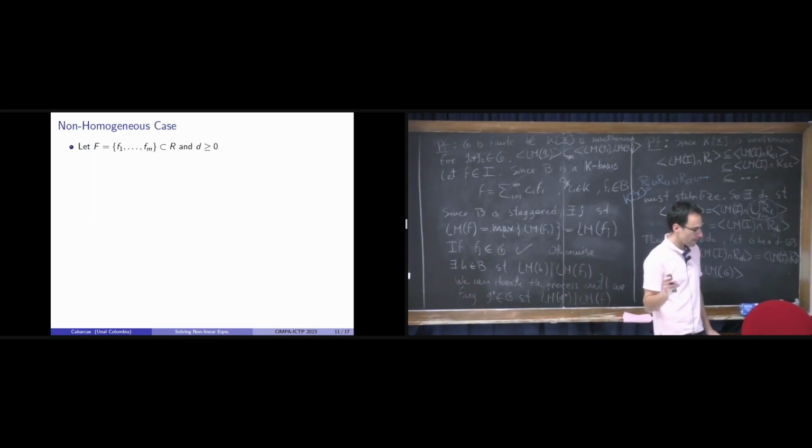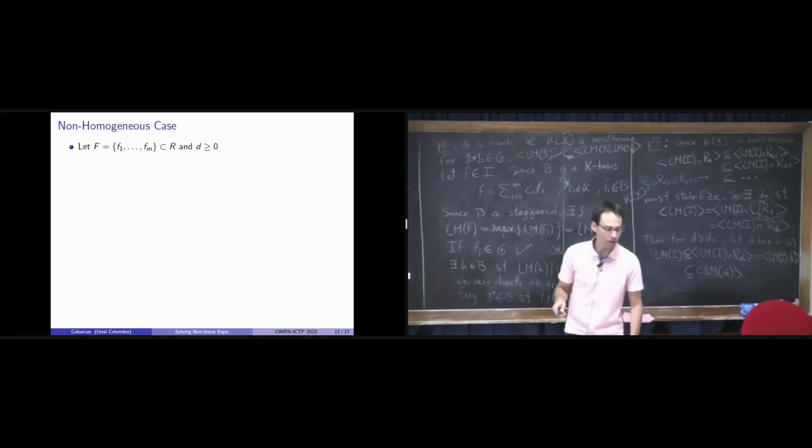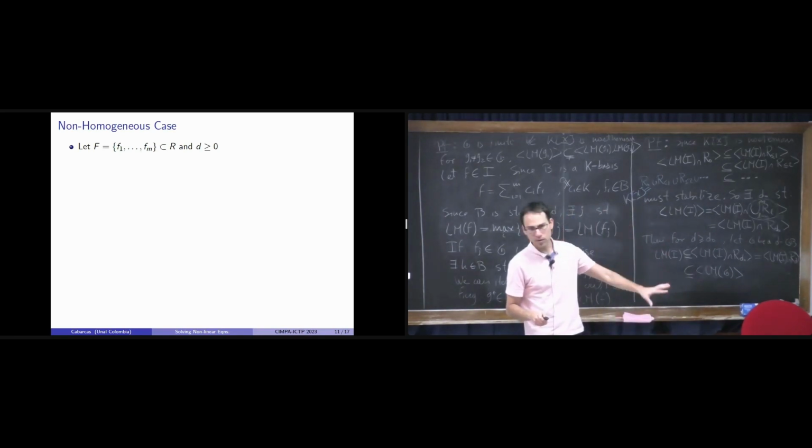I have just 5 minutes left, and I'm going to quickly talk about the non-homogeneous case to finish this. So this worked for the homogeneous case, what I just mentioned.